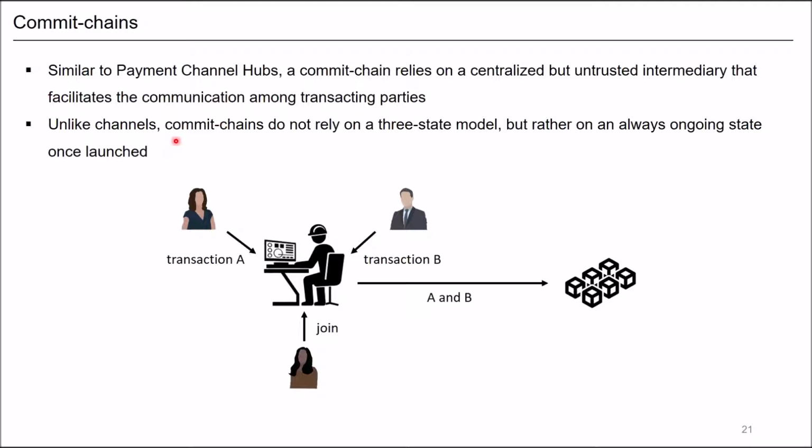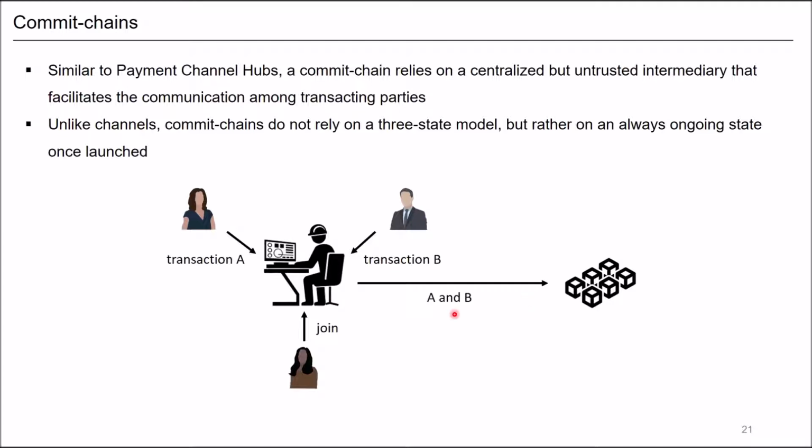Unlike channels, commit chains do not rely on a three-state model, opening, live, dispute or closure phase, but rather on an always ongoing state once launched. The operator is responsible for collecting commit chain transactions from the users and periodically submits a commitment to all collected transactions to the parent blockchain.